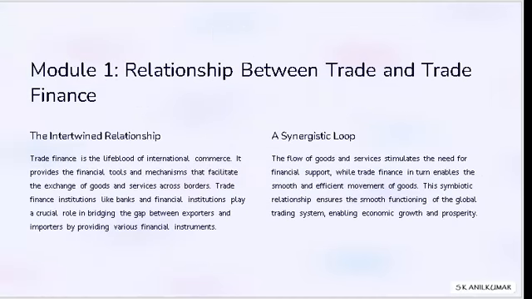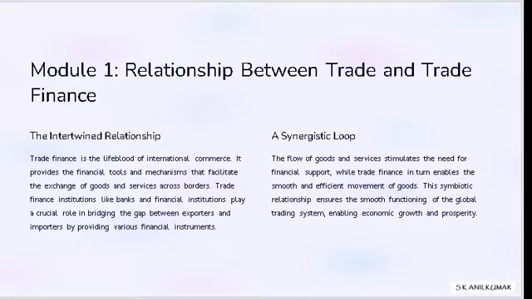In the first module, we talk about the relationship between trade and trade finance. It's an intertwined relationship because trade finance is the lifeblood that makes cross-border trade happen. The buyer, the seller, and the goods alone is enough for trade. But for trade to happen, you need banking, insurance, logistics, and other services.